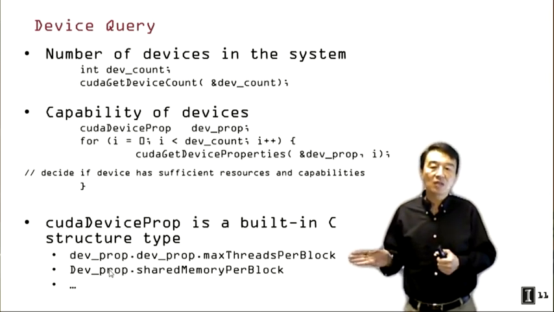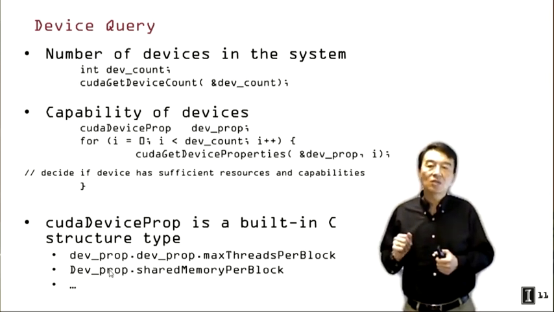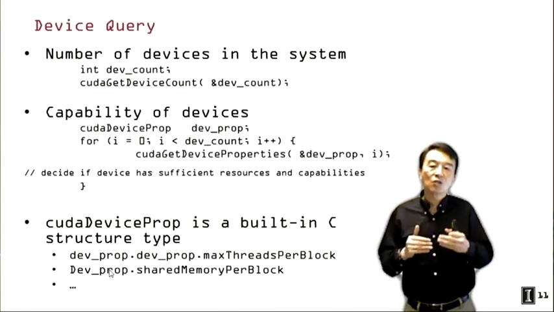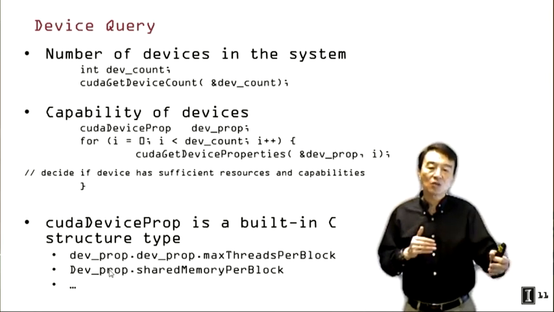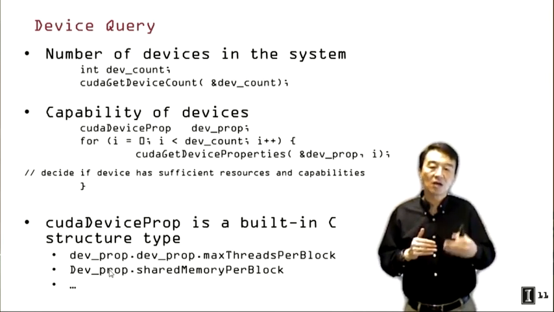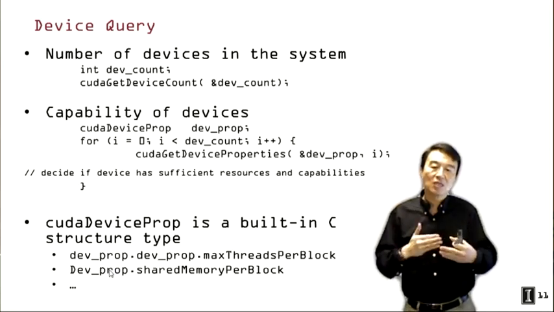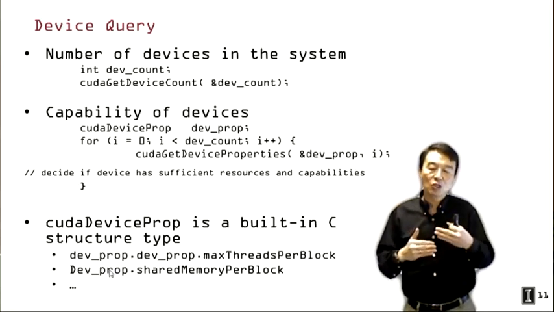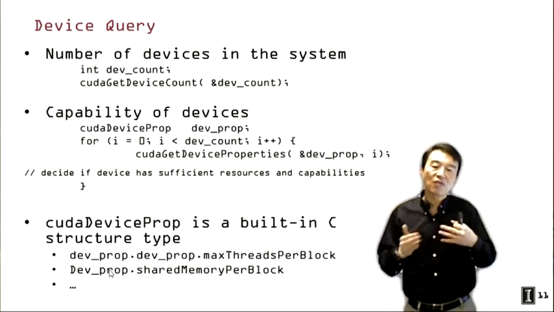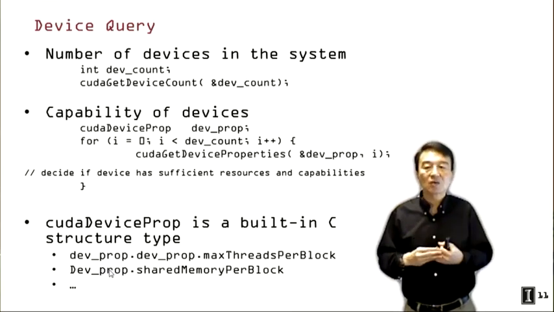So looking at this number would tell you which generation of GPU you're using, and the maximum number of threads you can have in each thread block. A lot of CUDA programs use this to adapt the kernel launch configuration to make sure that they stay within the allowed limit of the particular device that they're running on.